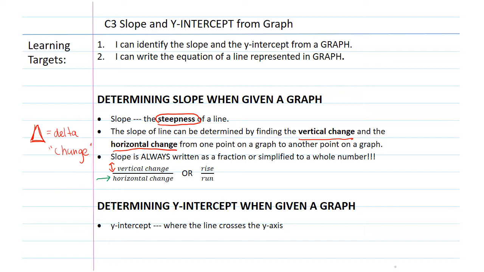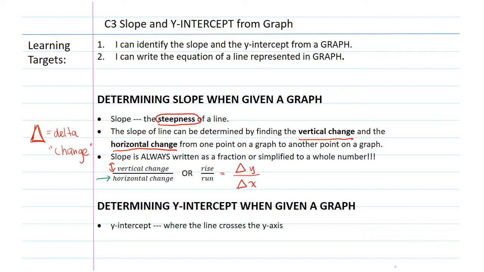A lot of times whenever we are solving for rise over run, we will say the change in y over the change in x.